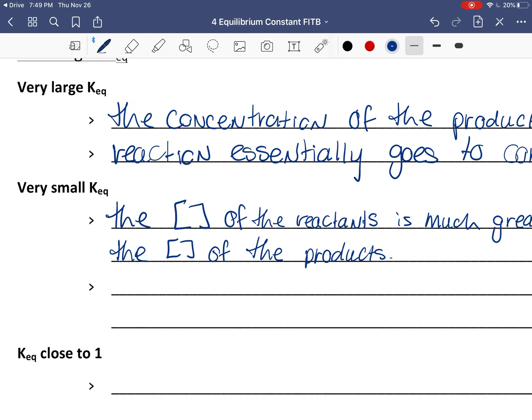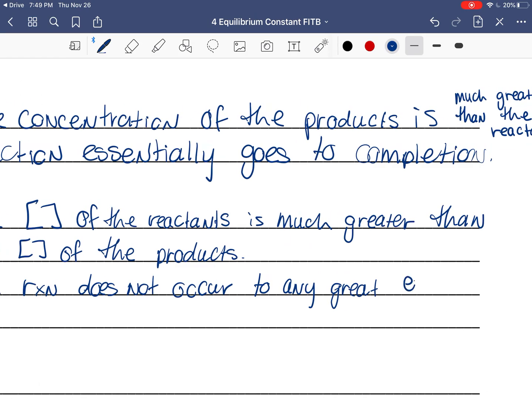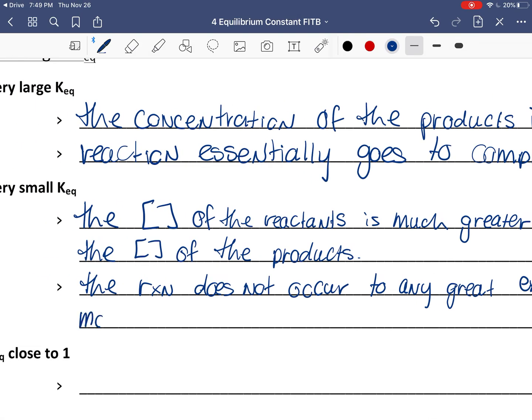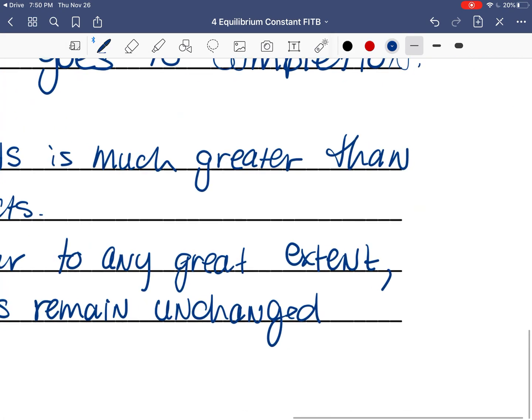So this means the reaction does not occur to any great extent. Most of the reactants remain unchanged, and very few products.